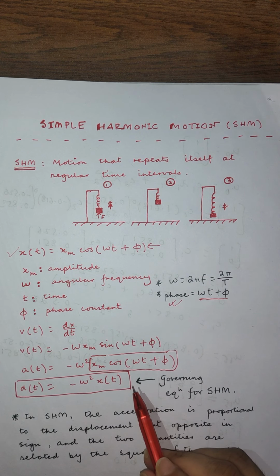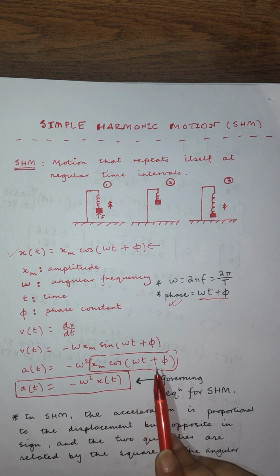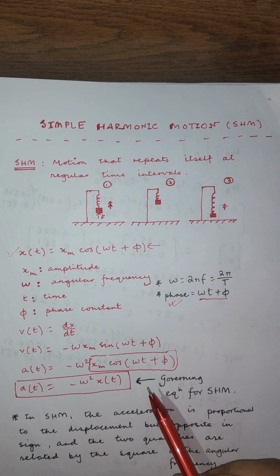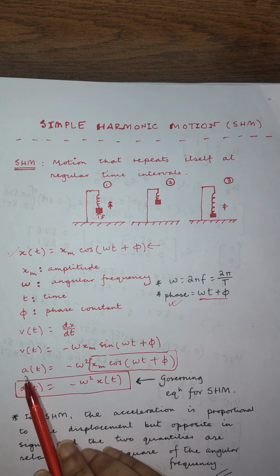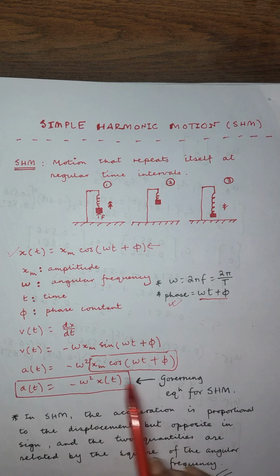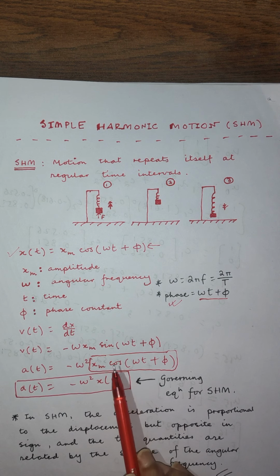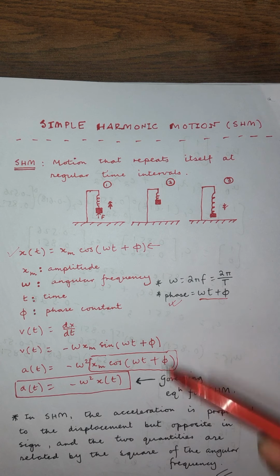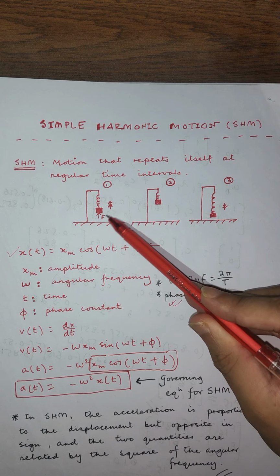So I can actually replace this expression by just x. So we have a and then minus omega squared, and this can be replaced by just x, which is the displacement of this block.